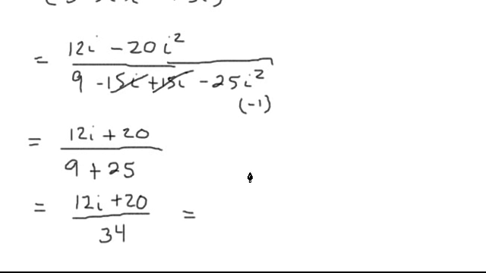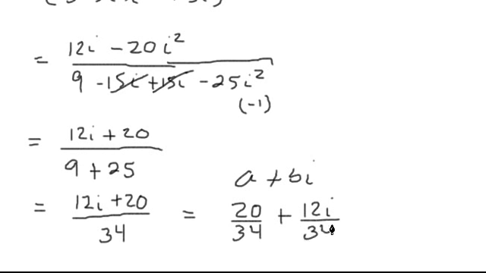Now we want to write this, remember, in the a plus bi form. And so we're going to take the 20 over 34 plus the 12i over 34.